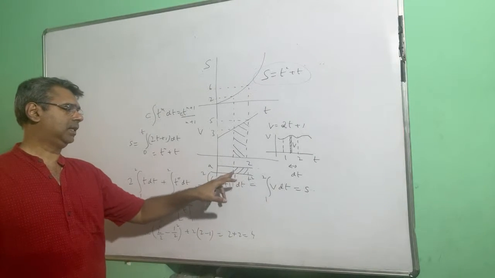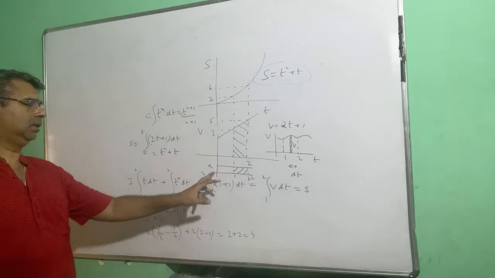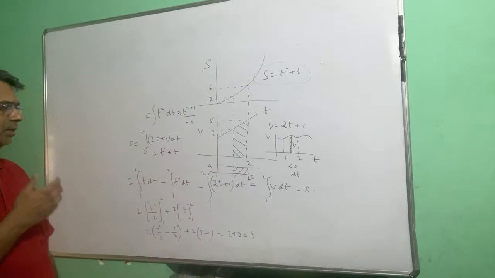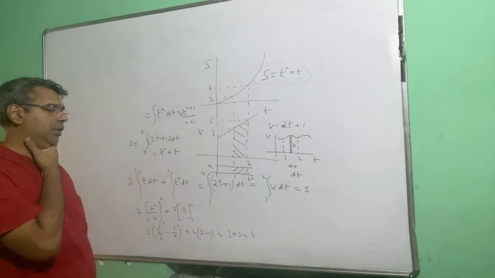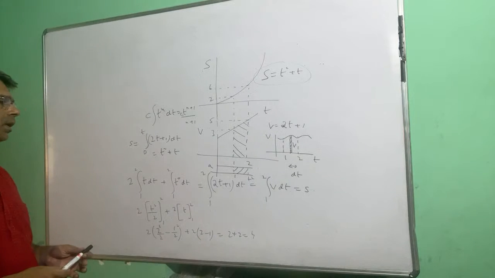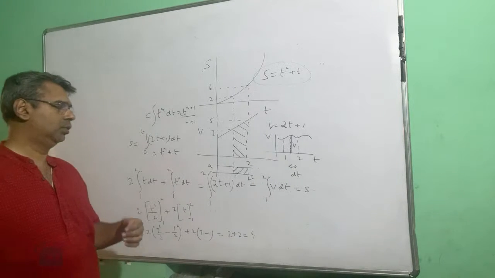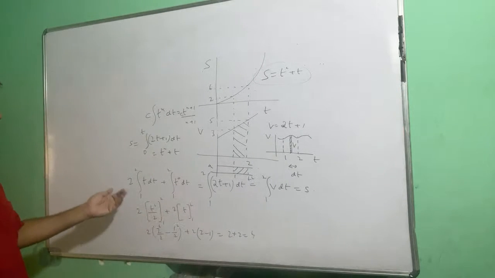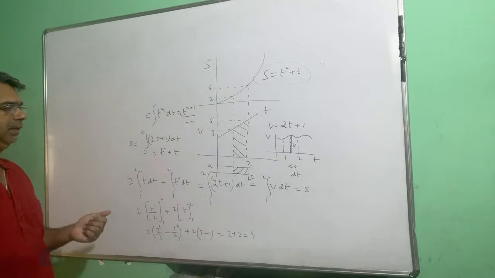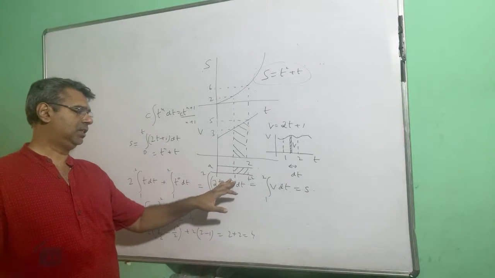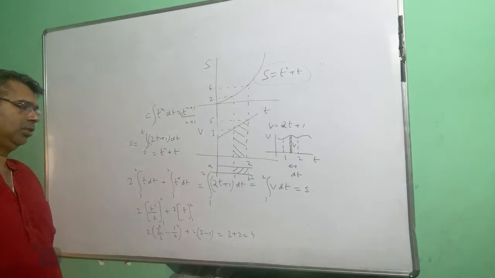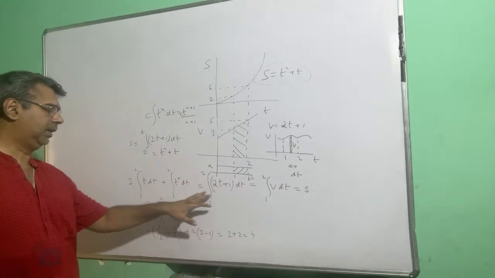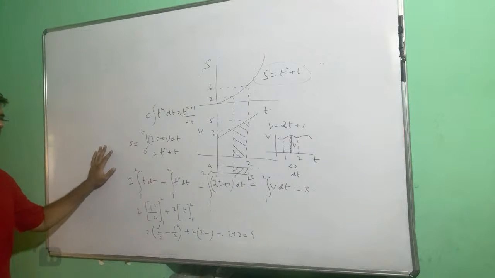So between 1 second and 2 seconds, the area under this graph will give you the change in velocity, right? What you have to do, this is your homework, you will have to use this technique which I taught you just now, and you will have to find out what will be the change in velocity between 1 second and 2 seconds using this technique, the technique of integration, right?